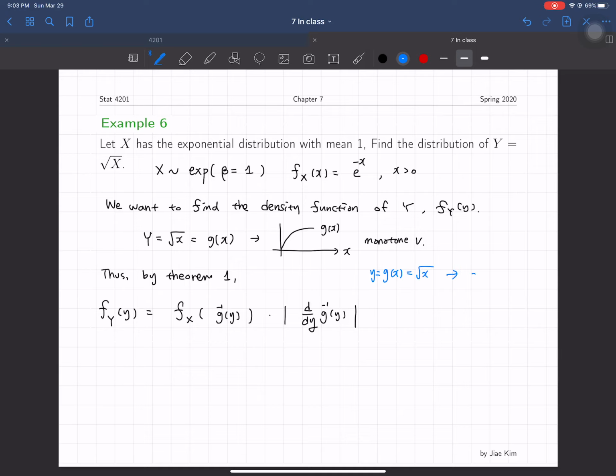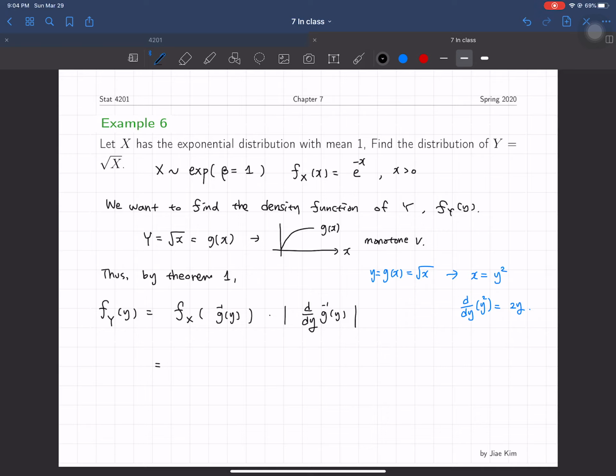Solving it for x, we get x equals y squared, and then the derivative of this inverse function. By the way, y squared itself is not a one-to-one function, but we are restricting the range for x to the positive side, so the inverse function is valid only for the positive side. Anyways, the derivative of y squared with respect to y is 2y, so these two are the ingredients we need.